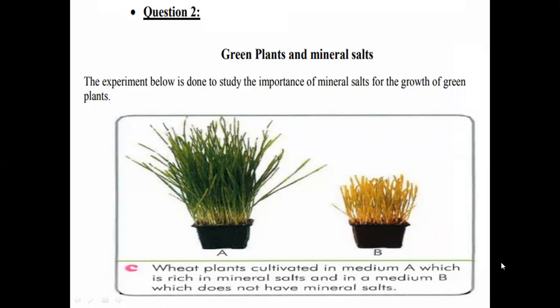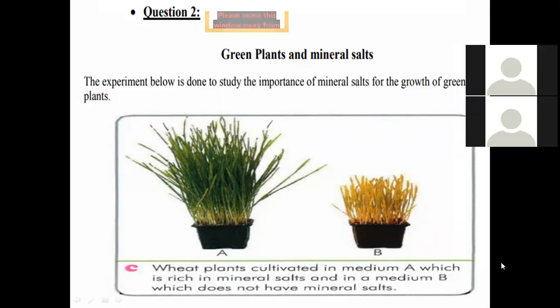Good morning, Adam. Okay, these students who are in silent mode. Zainab Bustani, what do you think is the aim or the purpose of this experiment?